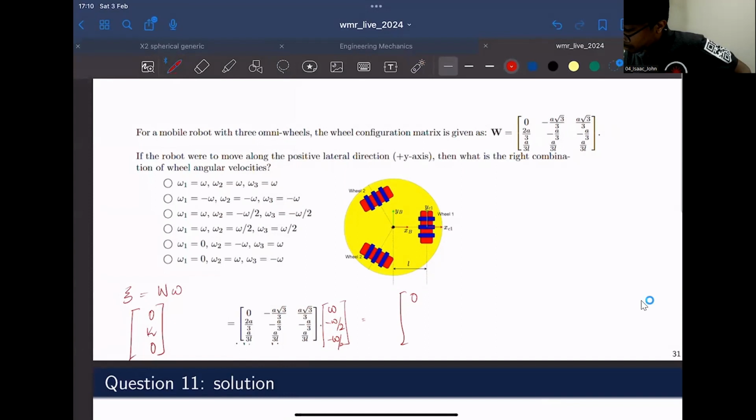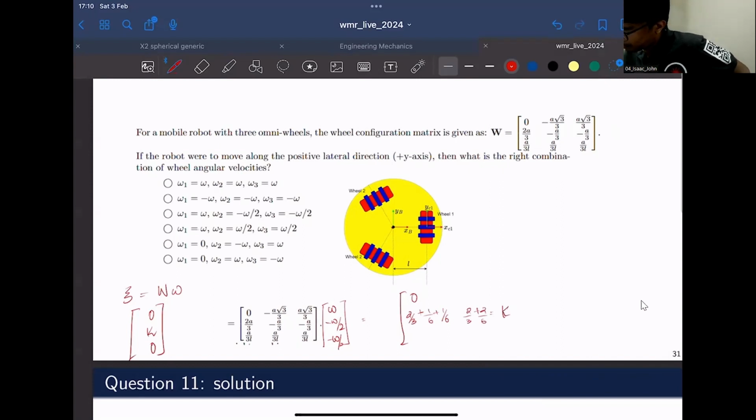That will be 2 by 3 minus 1 by 6. Sorry, 2 by 3 plus 1 by 6, if I'm not mistaken. So 2 by 3 plus 2 by 6. This will be a positive constant actually.